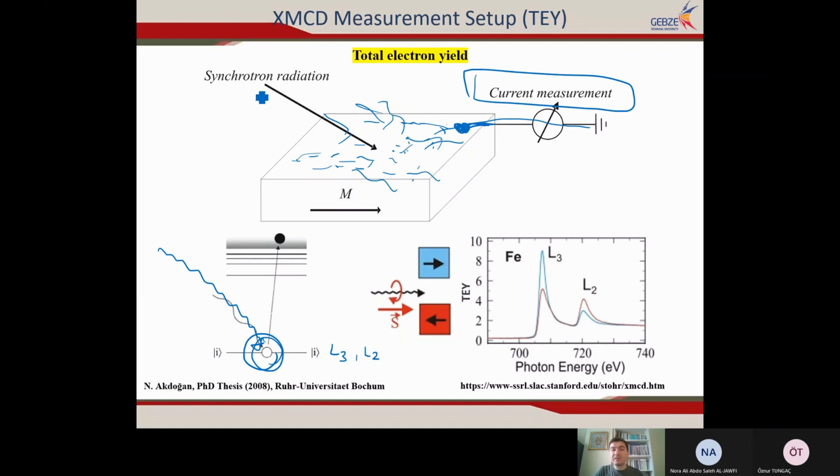Depending on the incoming photon polarization, right or left circularly polarized light, you get different results in XMCD experiments. This is called the TEY method. You measure the electrons. So this is the total electron yield method.